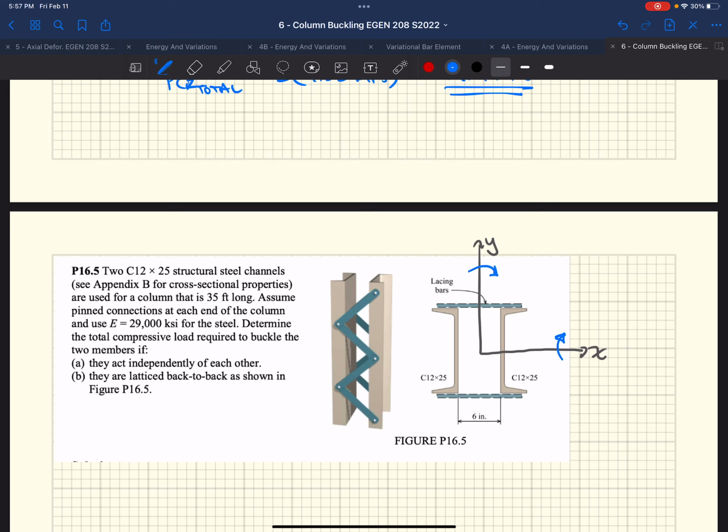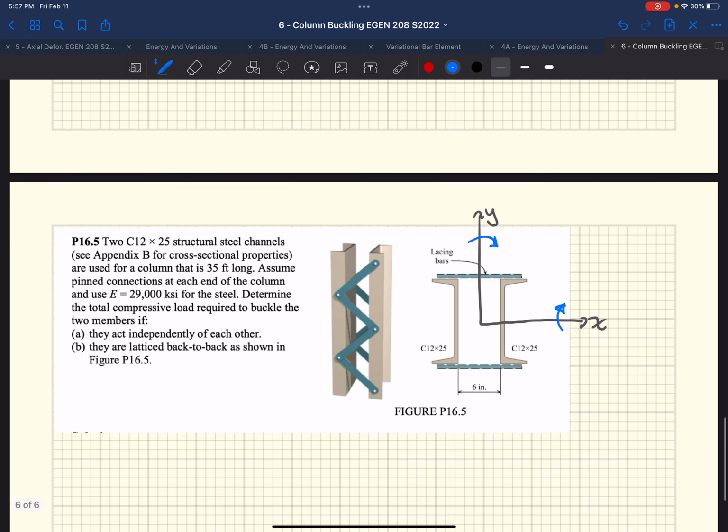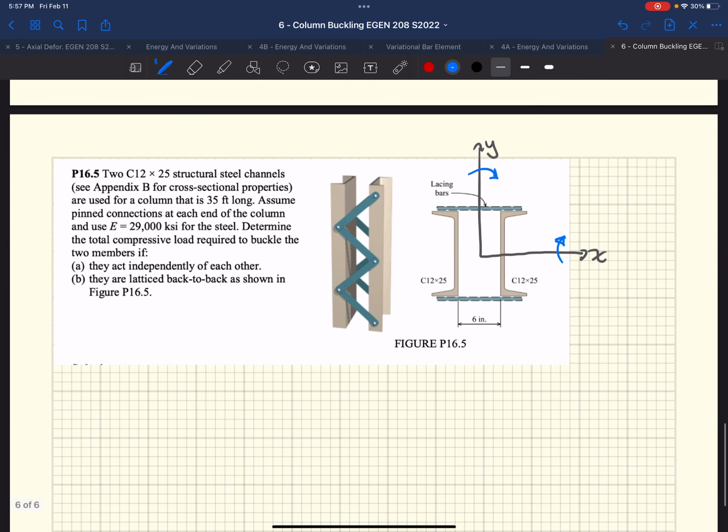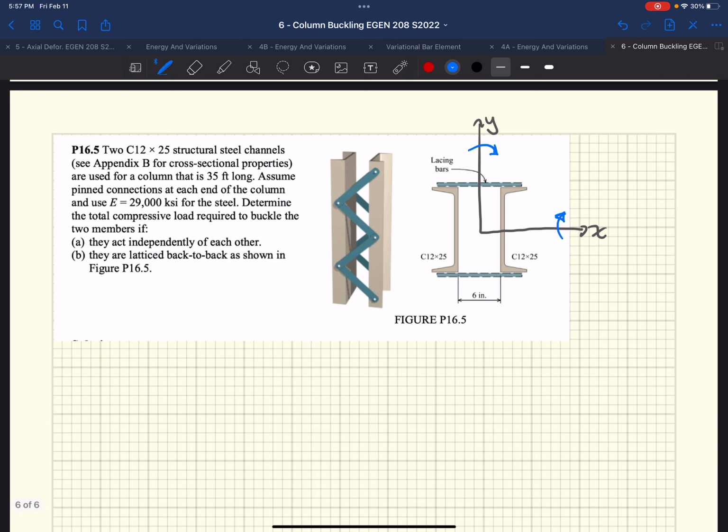If it worked all together, then it would increase our weak axis, or our y-axis buckling, and allow us to have higher capacity. So again, let's start by getting all of our information out there. A equals 7.34 inches squared.